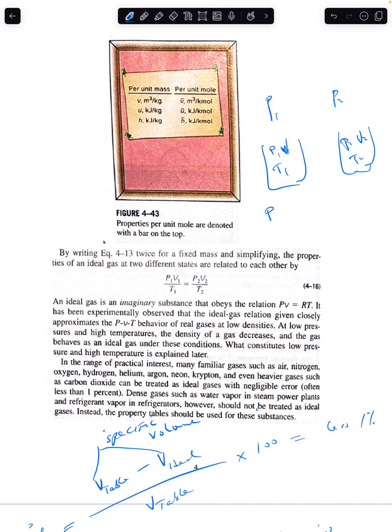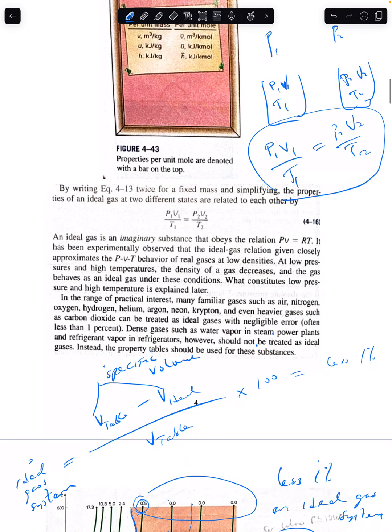I can say P1 V1 over T1 equals P2 V2 over T2. I may solve for either V1 or V2 or T1 or T2. So when you have two points that connect to each other and satisfy the ideal gas equation, that can be useful to determine two unknown values.